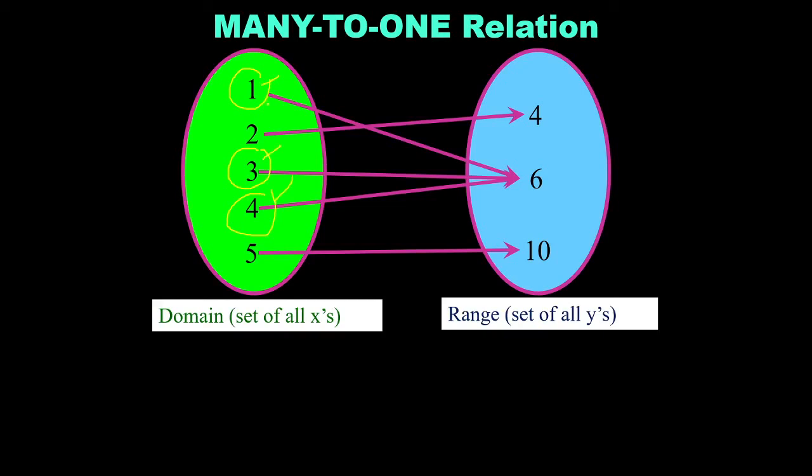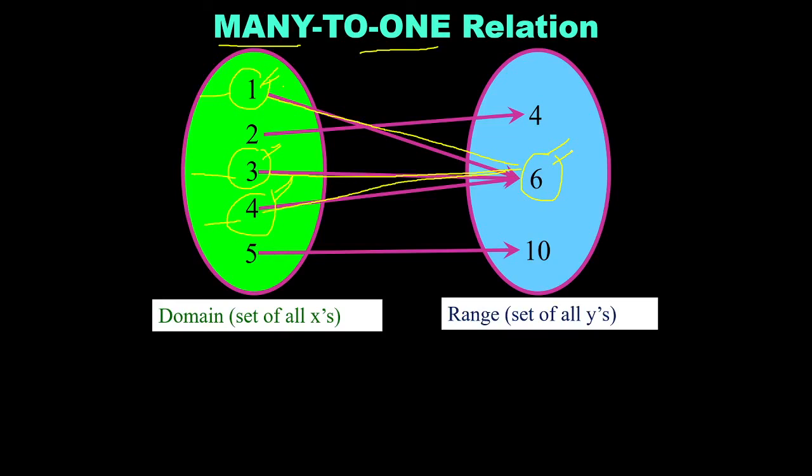Many are assigned to only one value in the y. So that's what you call a many-to-one. We have here 1, 2, 3 values of x assigned to only one value in our y. Is the mapping clear, class?